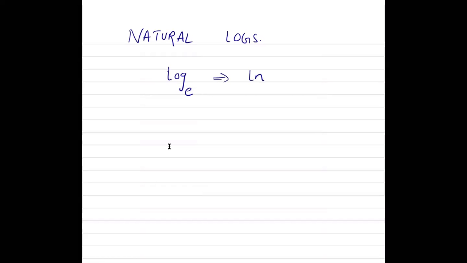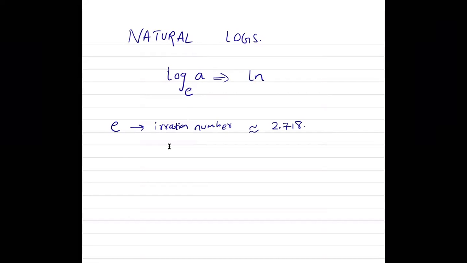If you have log to the base e of anything, let's say a, then log to the base e is symbolized or written as ln. It's called a natural log, and e basically is an irrational number.